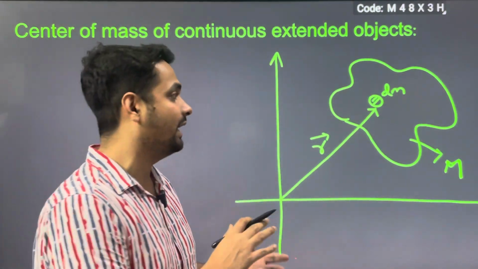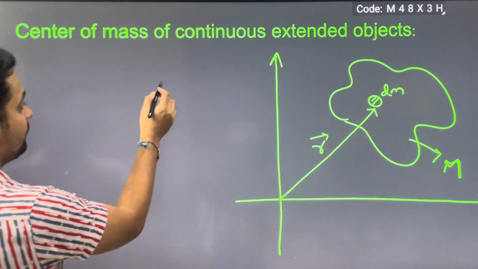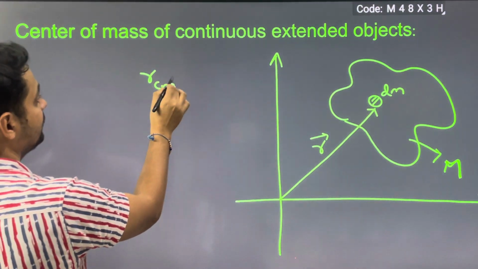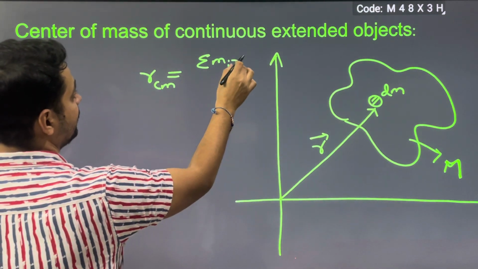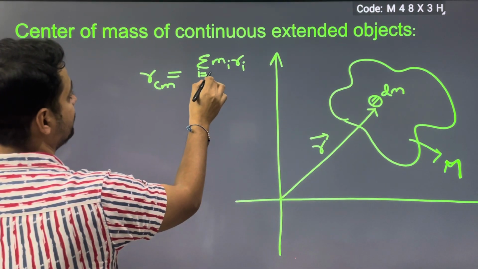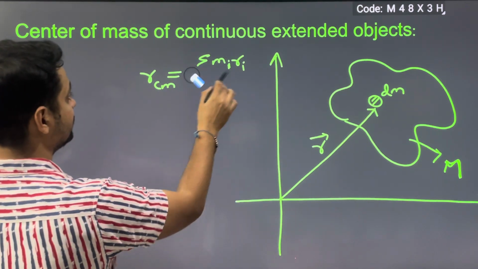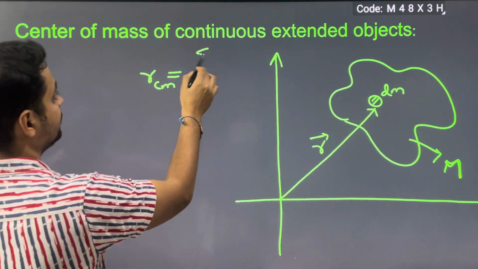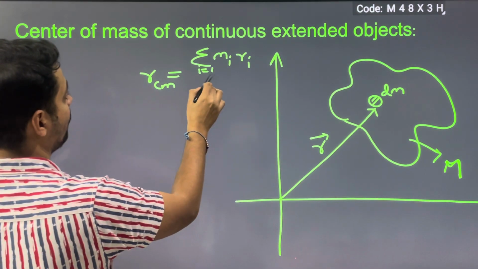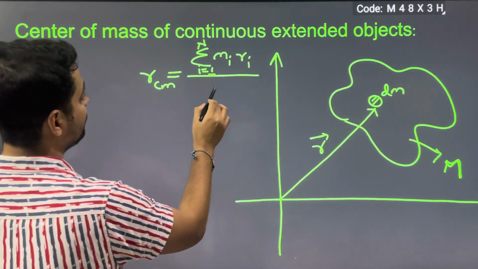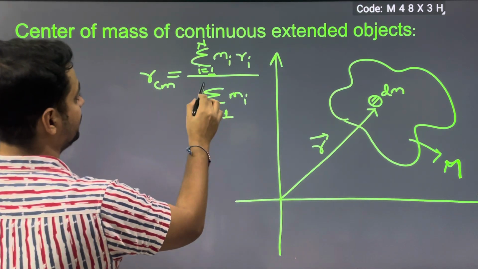Now I will find its center of mass. Before that, we should understand that whenever we were finding the center of mass of different particles in a system, we used the formula: R center of mass equals the sum of mi ri, where i goes from 1 to n, divided by the sum of the masses of the system, mi, where i goes from 1 to n, correct?